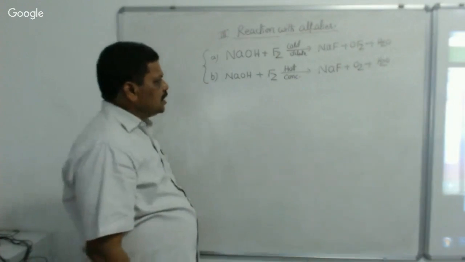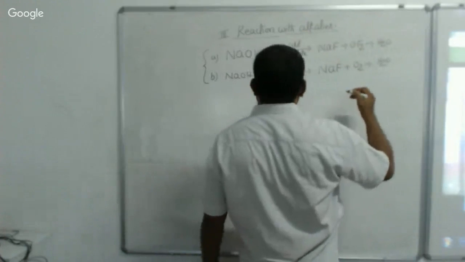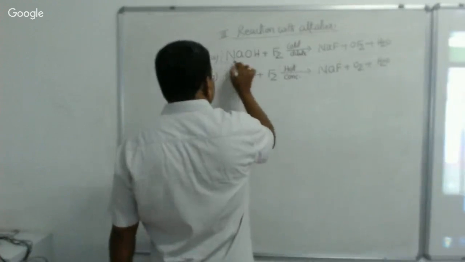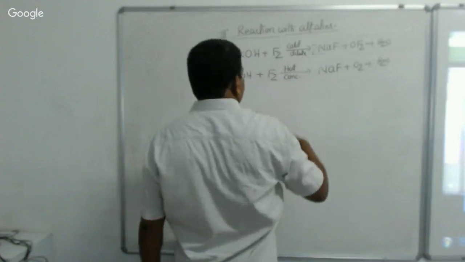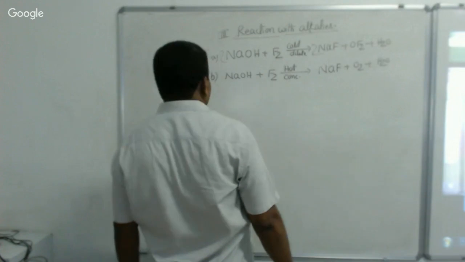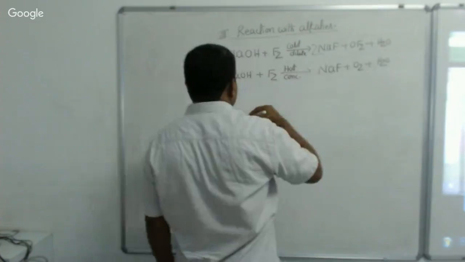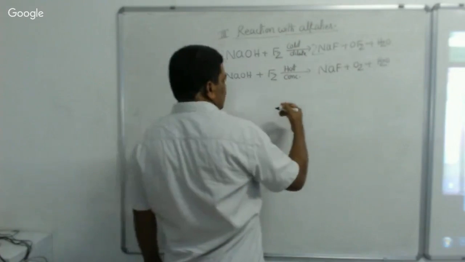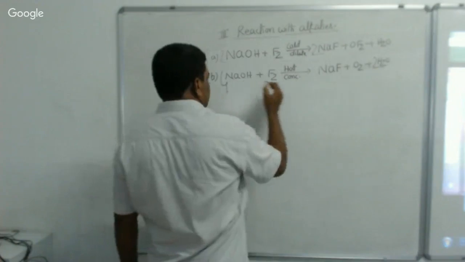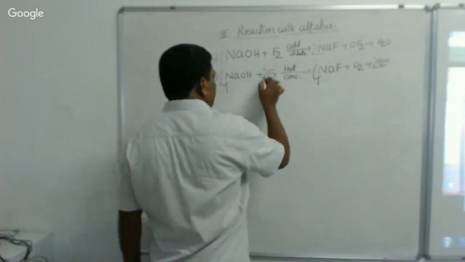Now you can balance these reactions: 2NaOH, 2NaF, 2H2O. This is balanced. Now this one: 4NaOH, 4NaF.